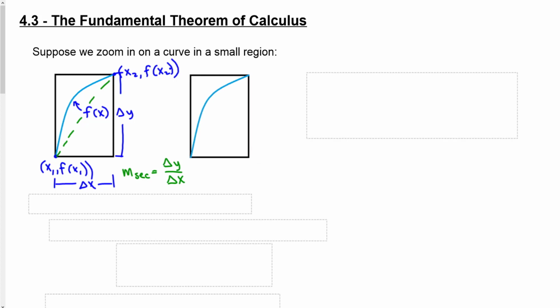Consider the exact same function on the exact same zoomed in region. Along the base, this is still delta x, and along the height, this is still delta y. In another instance, what we did is we tried to find the area underneath the curve, and we found the area underneath the curve by finding the area of a rectangle.